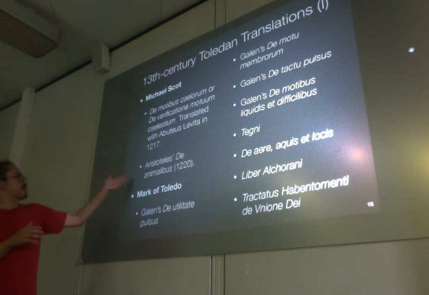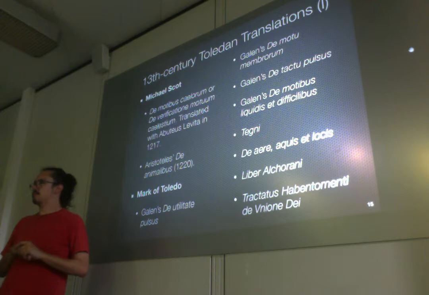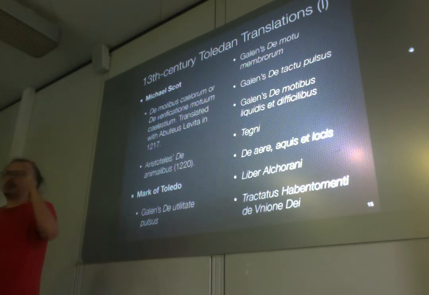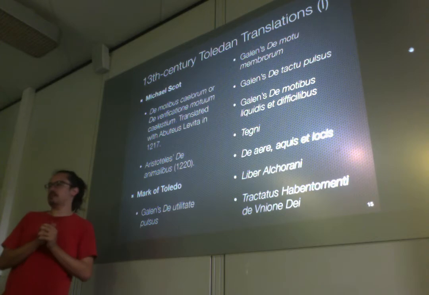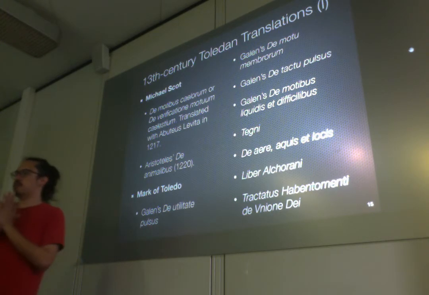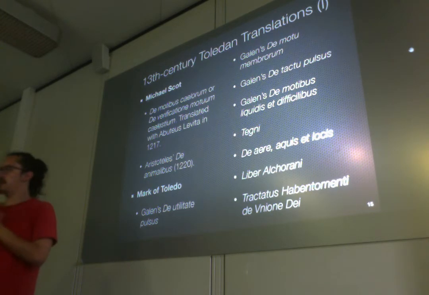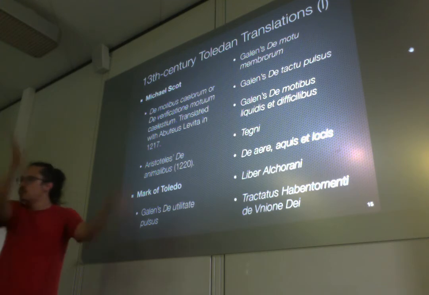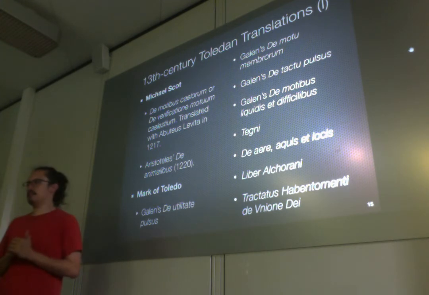But for example, we have the De Animalibus, translated by Michael Scott, and it's a huge work. This is probably the same with Dominicus Gundisalinus. The translations of Dominicus Gundisalinus of the Kitab al-Shifa are huge.